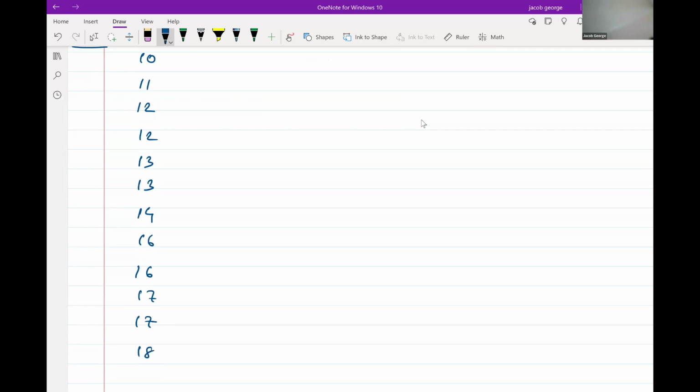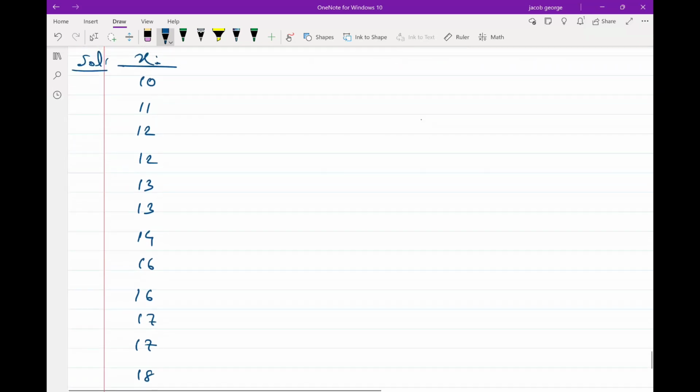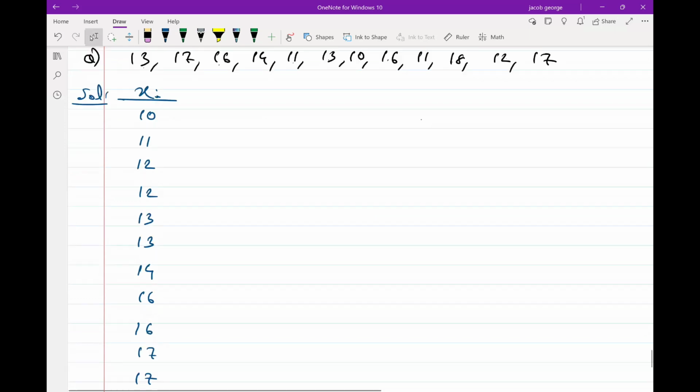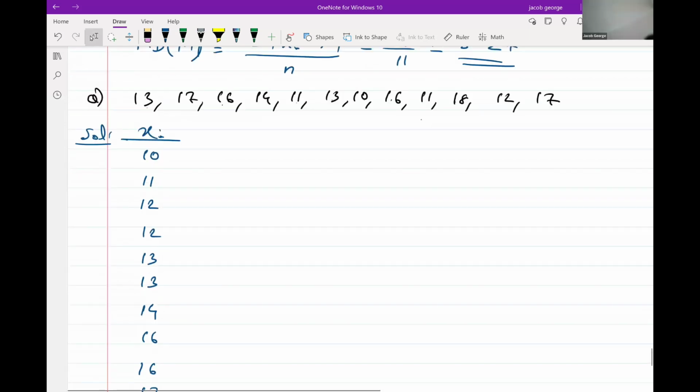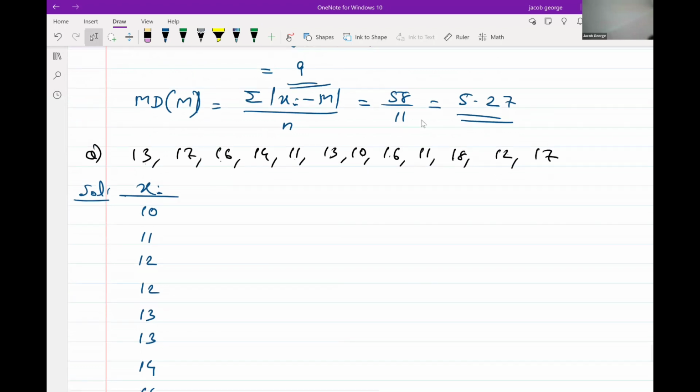Then 18. 11 2 are there. Sorry? Only 11 2. Let me check. 11 2 are there. You are correct. So there are 2 11s, only 2 11s.